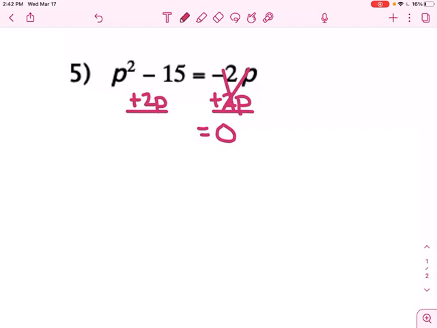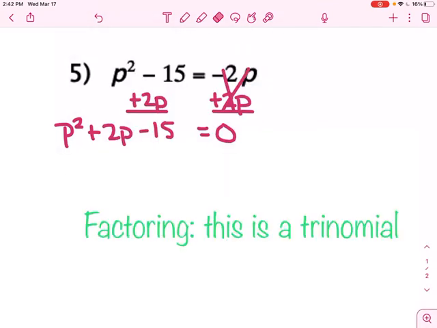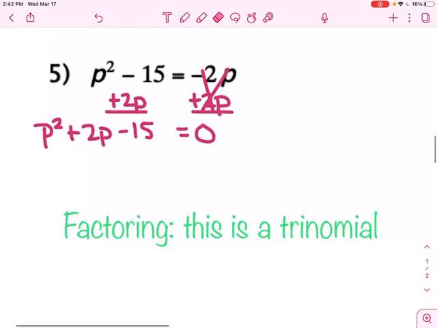Because if you didn't pay attention, this looks like it's a binomial, but in reality, when you move that 2p over, it's actually a trinomial with 3 pieces, which means this one should be factored. Okay, so again, before you make that decision, double check. Everything should always be in standard form before you start working with anything, or before you even start making decisions of how you're going to work with it.